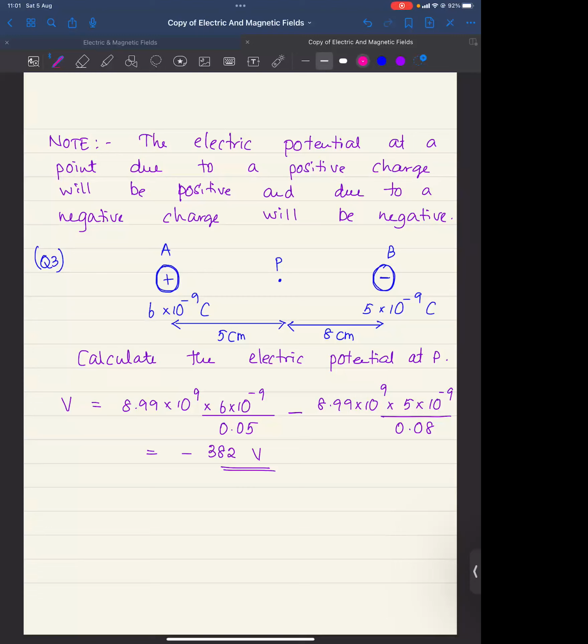Around a positive charge, the electric potential will be positive. Around a negative charge, the electric potential will be negative.